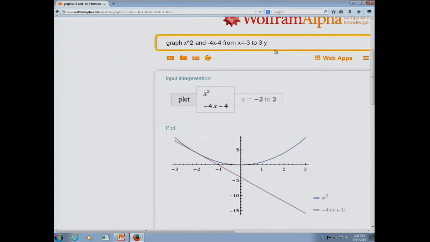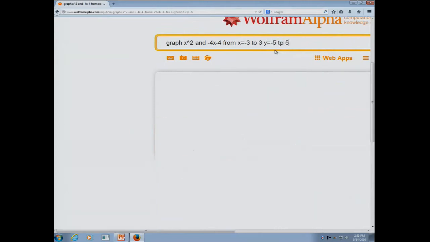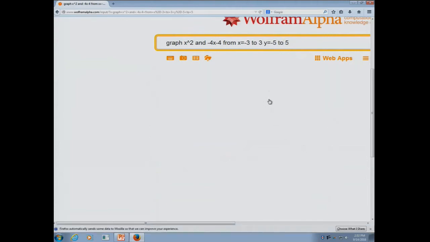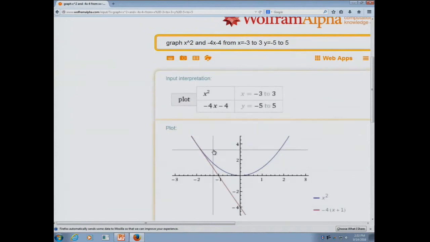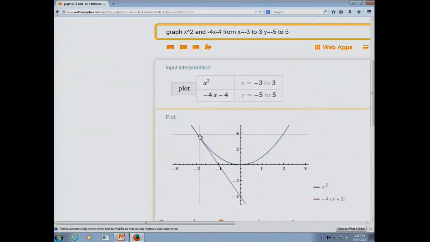Y equals, how about minus 5 to 5? You can see very clearly, no matter how we look at this, it definitely is a tangent line, and it touches the curve right at that one point, as it should.